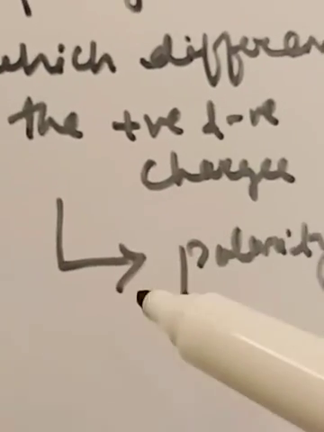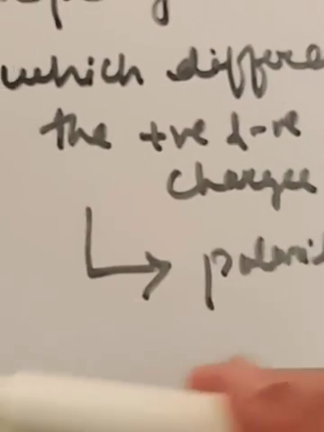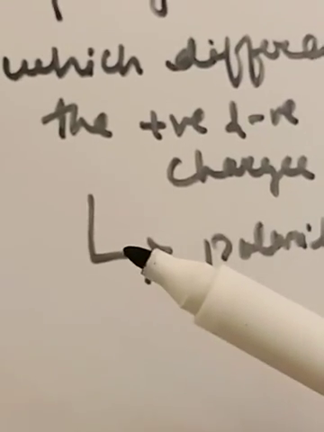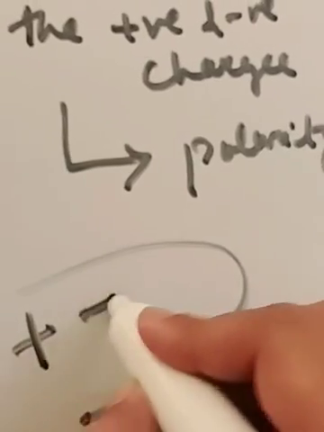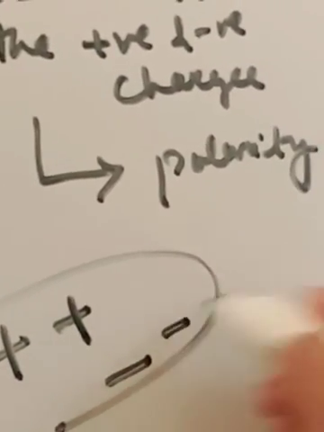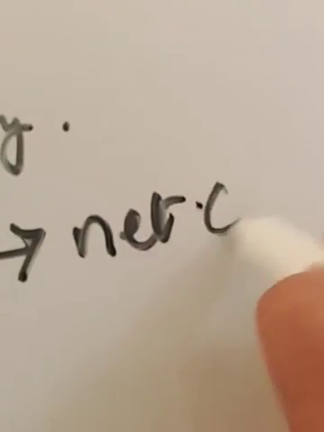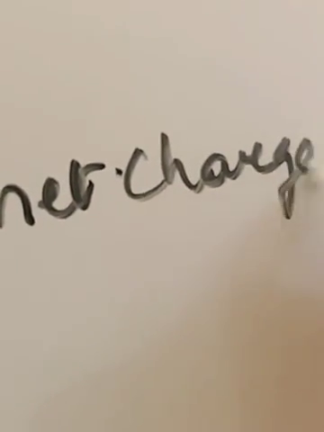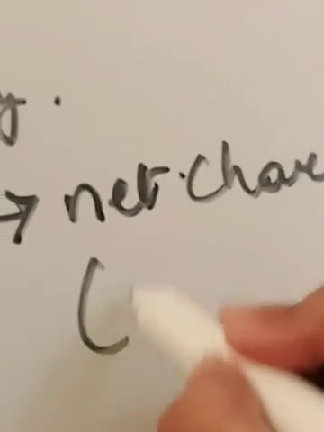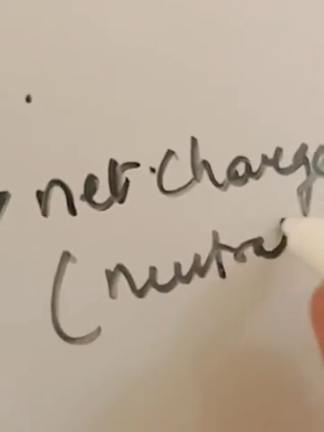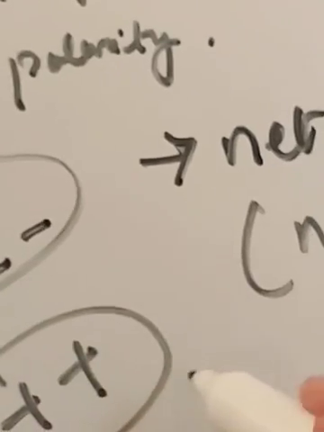If an object possesses an electric charge, then it is known as an electrified or charged body. When the net charge is, suppose, 2 plus and 2 minus, then the net charge is 0. It will cancel out. Net charge 0, so a neutral body. If only positive or only negative, then it is an electrified or charged body.